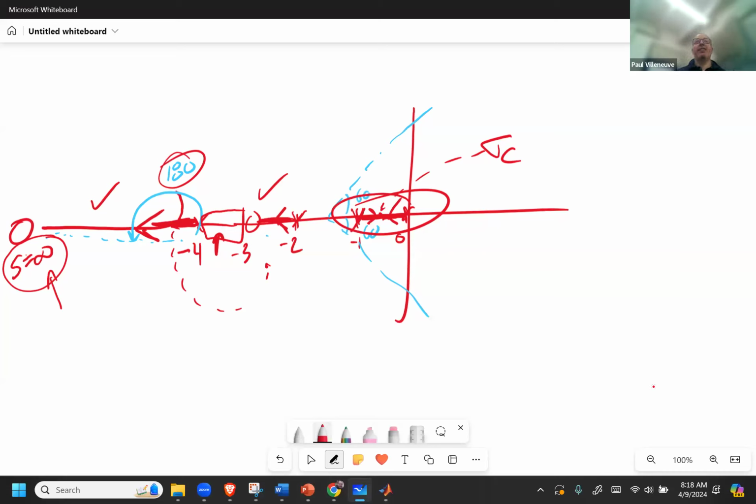Where's my 0 to end at? It's not on the real axis, so now I have to jump off the real axis to end at a 0. But the problem is, I don't have a complex conjugate over there, because that pole at s equals 0, you're telling me the root locus goes to the right. So I can't get my complex conjugate pair to work here. So it's got to go to the left.